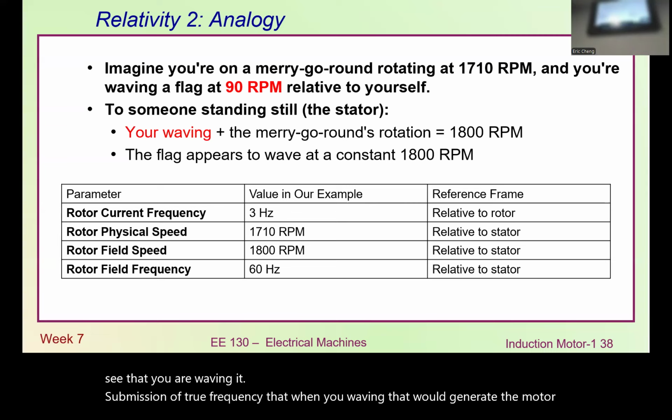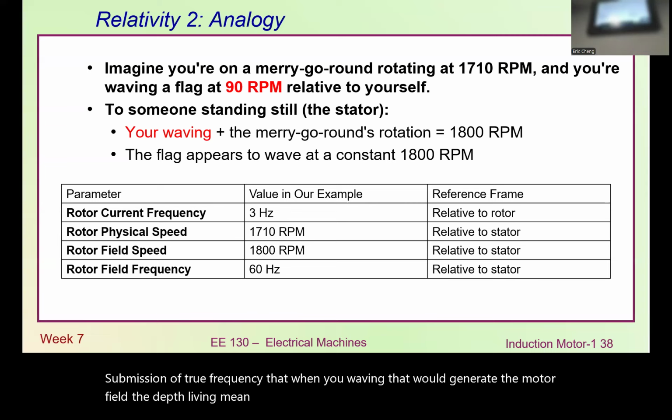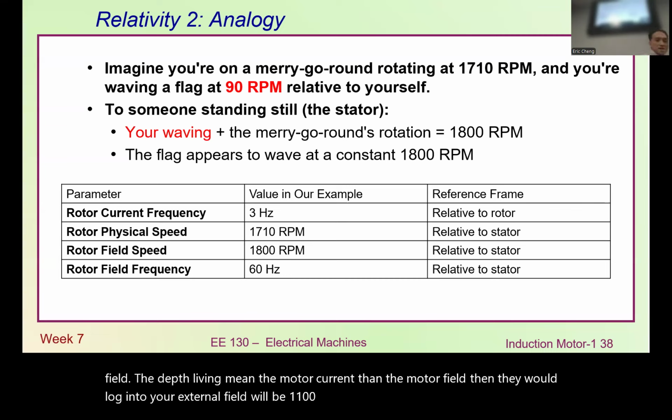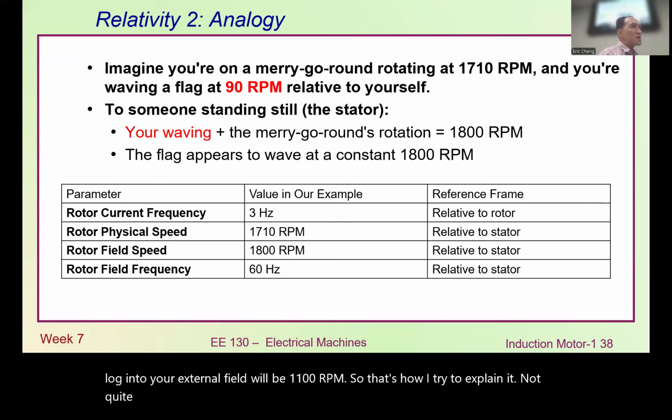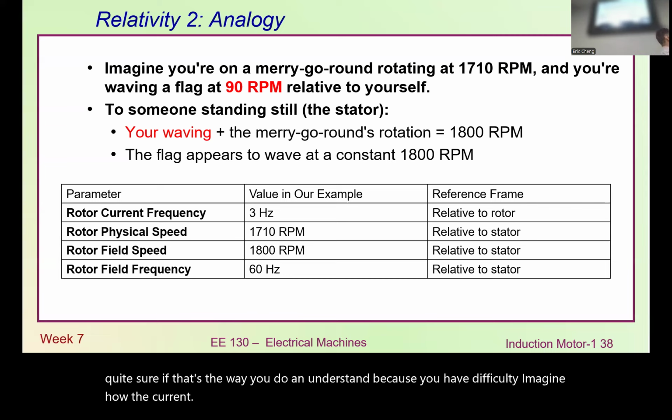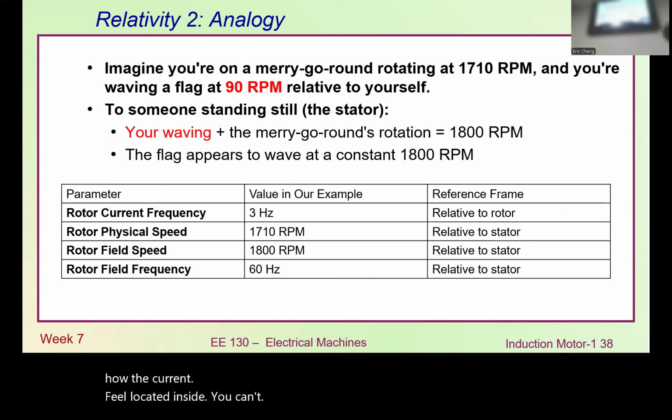That waving means the motor current generates the motor field, which then locks into your external field of 1,800 RPM. So that's how I try to explain it. I'm not quite sure if that's the way you understand, because it is difficult to imagine how the current field is located inside. It's not easy to measure, you can only imagine. Any question?